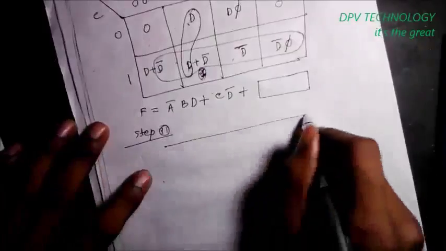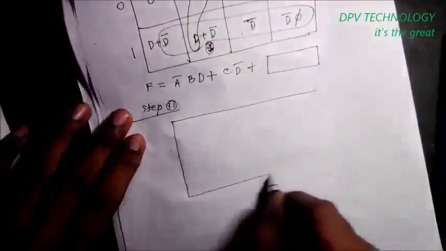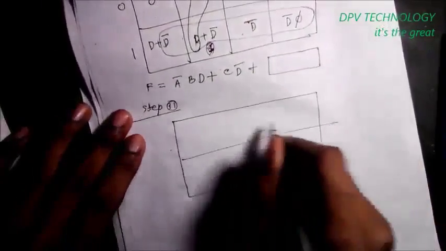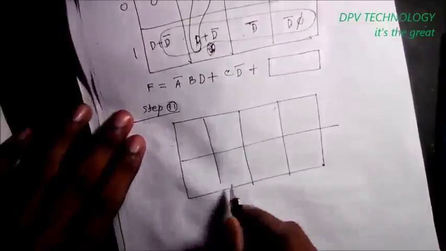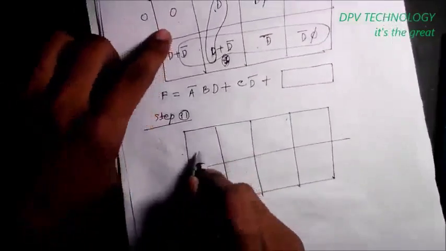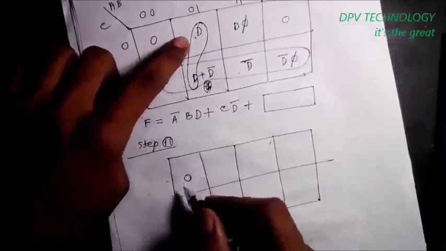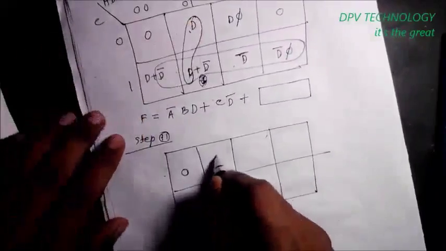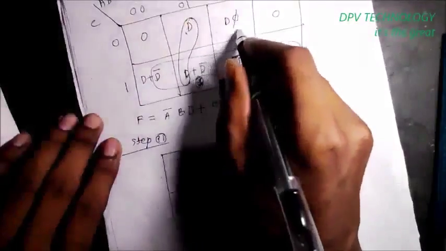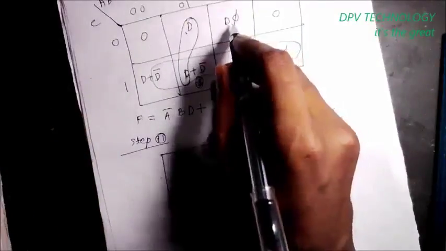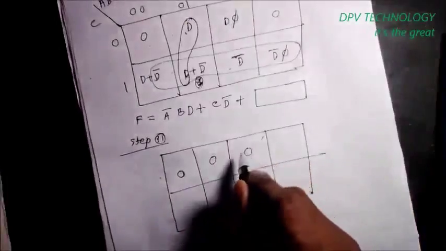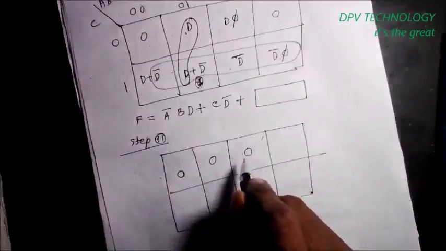Now here in step 2 you have to make the table again, the map again. Here you see this 0 will be replaced by 0 again. This D is covered, so it will be 0. This is not covered or covered, don't care about this, it will always become 0 according to step rule number 4 in step 2.